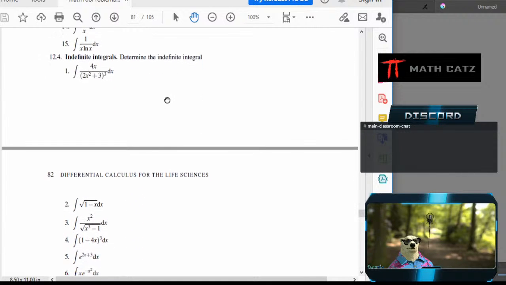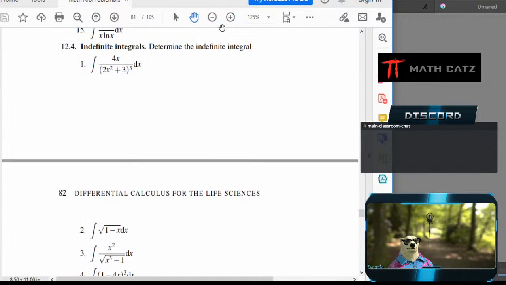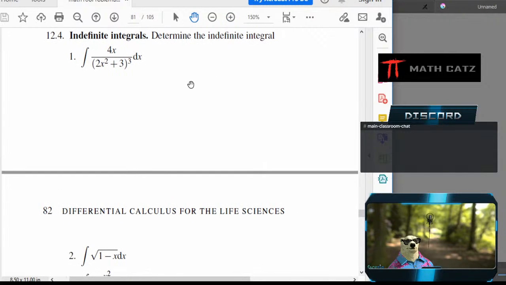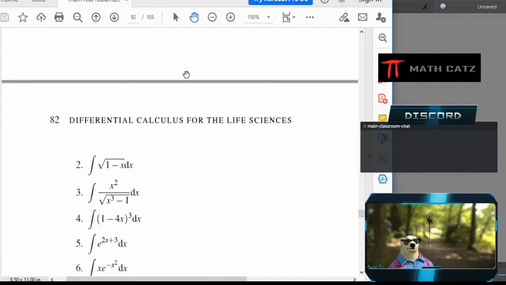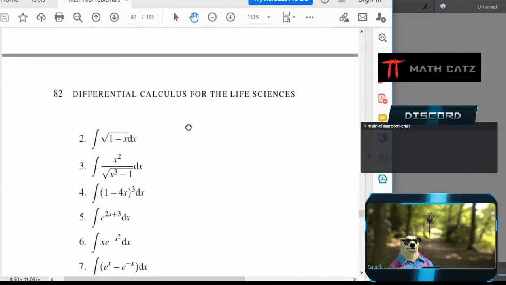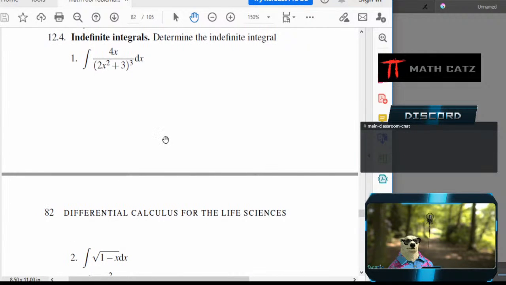So let's focus on 12.4. If you have one you would like to do, please say and we'll do that. Otherwise, I am just going to randomly do them. I'll just start at the beginning.